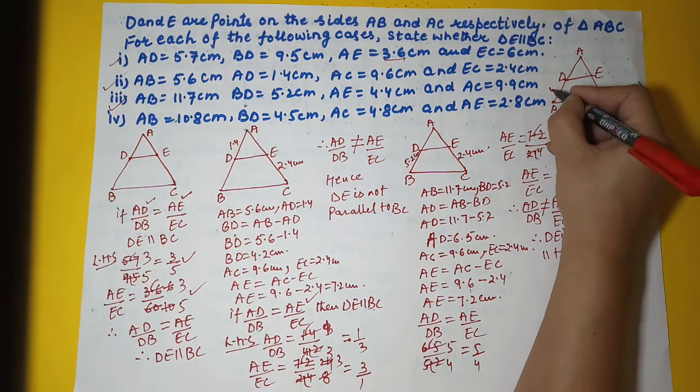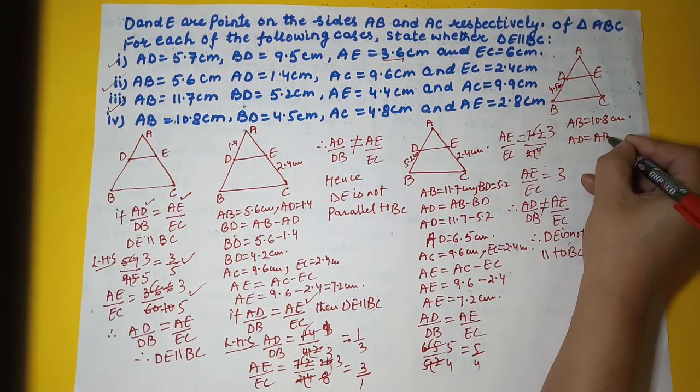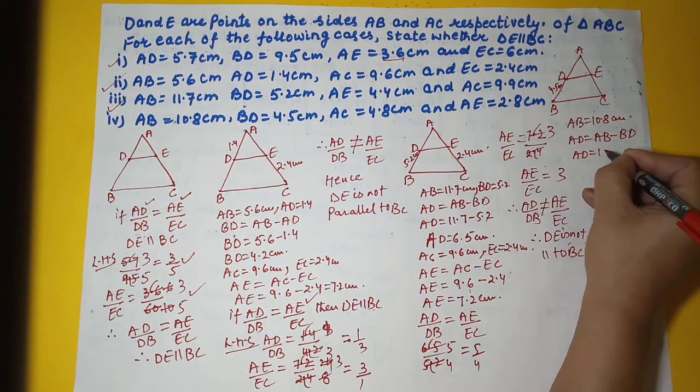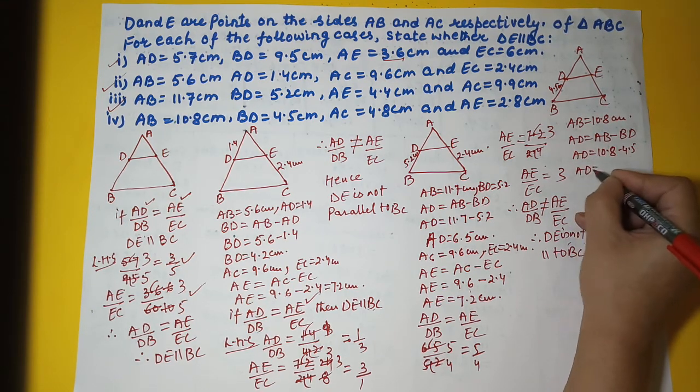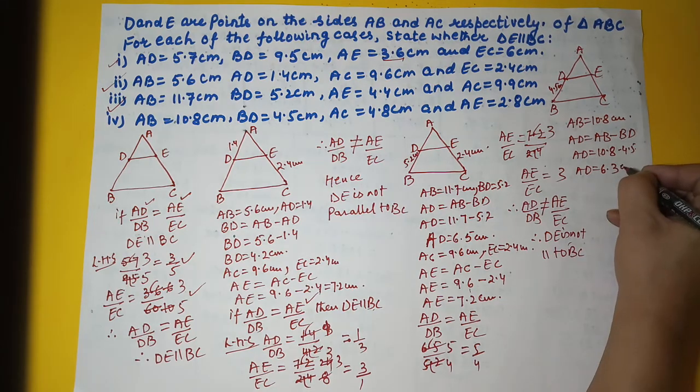BD is given 4.5 centimeters. So we can calculate AD as AB minus BD. So AD will be 10.8 minus 4.5. So my AD will be 8 minus 5 is 3. 10 minus 4 is 6. 6.3 centimeters.